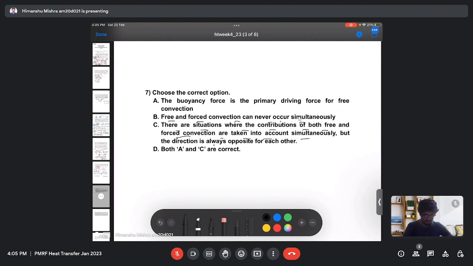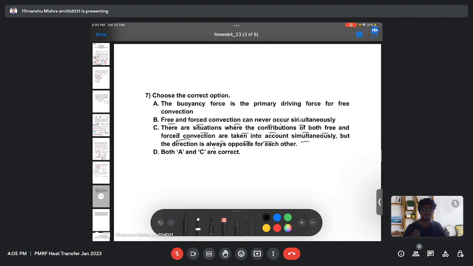So can you guess which might be the correct option? The first option is the buoyancy force is the primary driving force for the free convection. So is it the correct option?